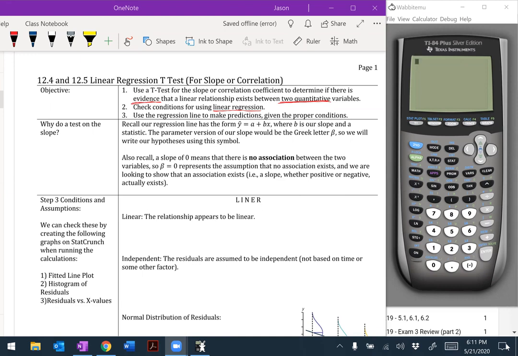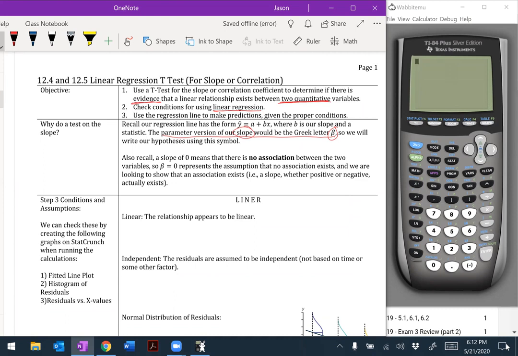So we look at the slope, and we say that the parameter version of our slope would be the Greek letter b or beta. Our parameters are usually the Greek letters like mu and sigma, and the parameter for slope of our regression line is beta, or a Greek b.